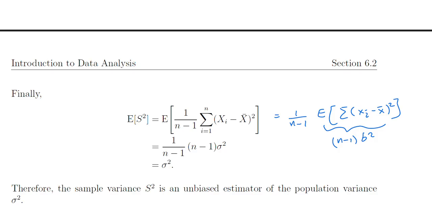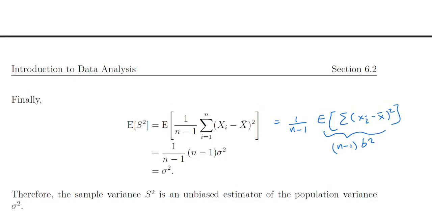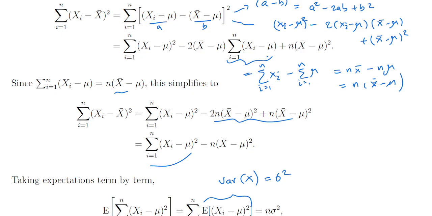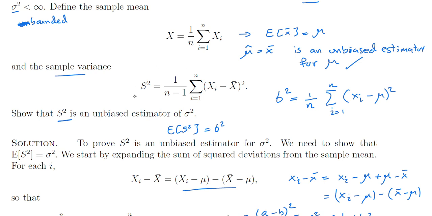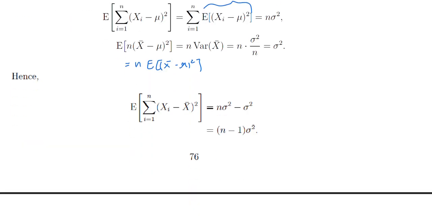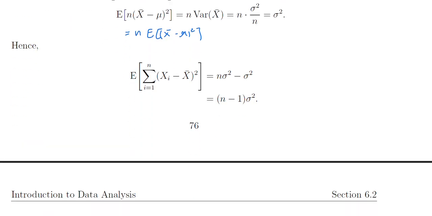Okay, so you can see now why we had n minus 1 instead of n in the definition of sample variance. It's very important to know this definition. We define it this way so that s squared is an unbiased estimator, because we always prefer unbiasedness.